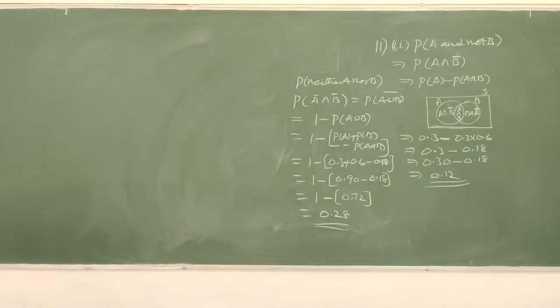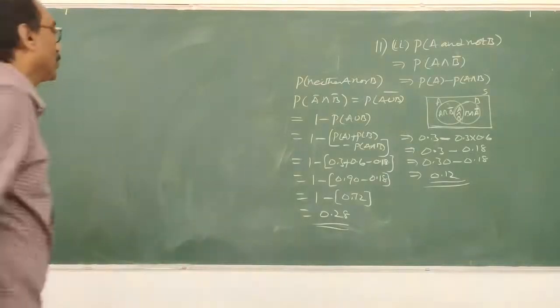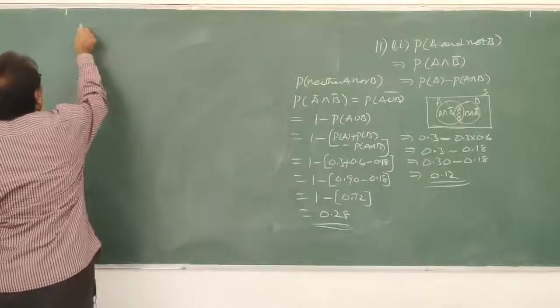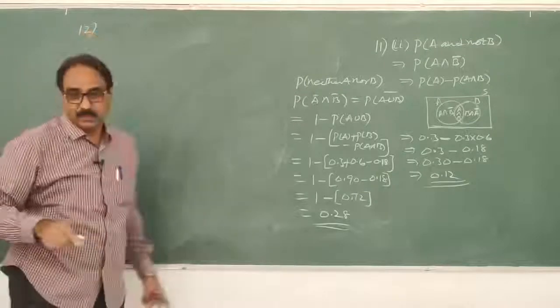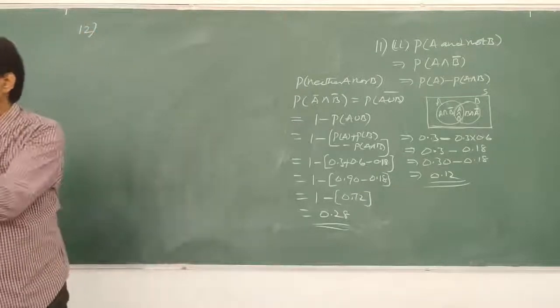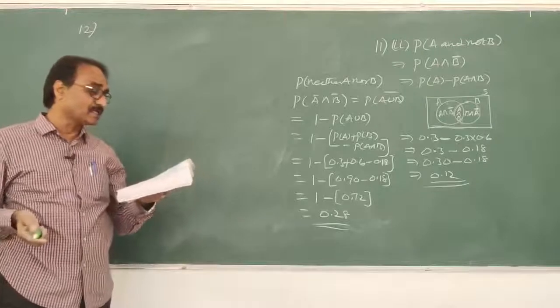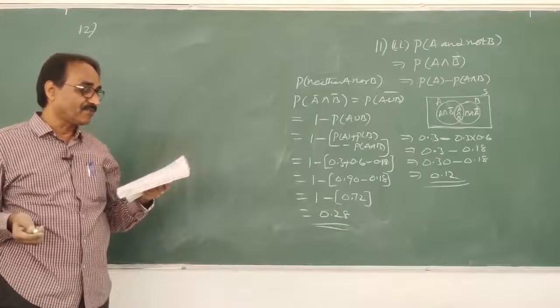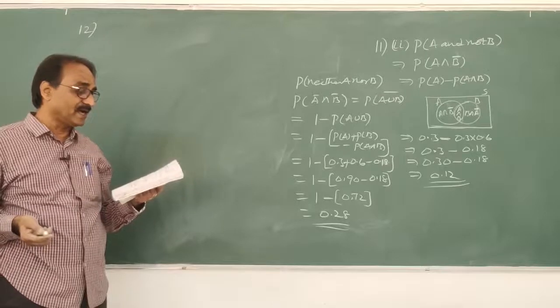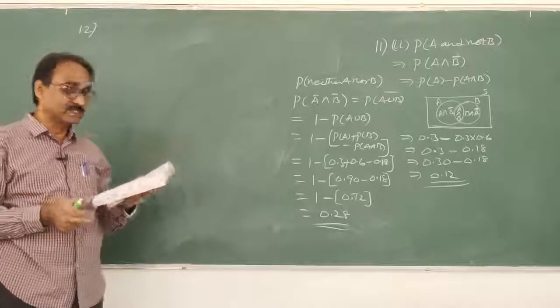So my dear students, let us move to problem number 12 now. A die is tossed thrice. Find the probability of getting an odd number at least once.